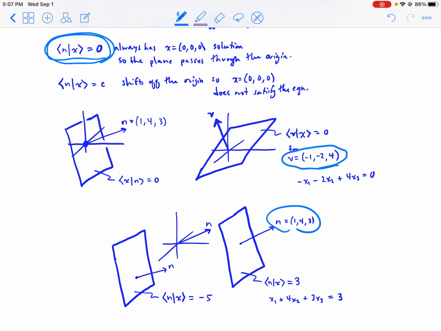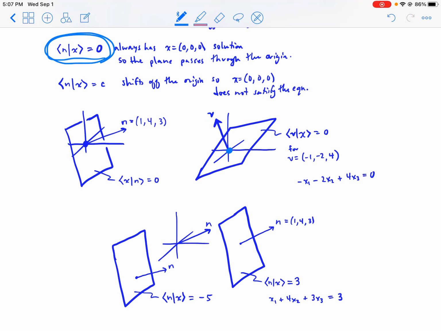Now if we change n, and instead change it to some other vector v, which we could also call n, because now this vector v is going to be the normal vector to some different plane. This plane has a different tilt than our other plane. And so the vector v or n or whatever you call it gives the tilt of the plane.